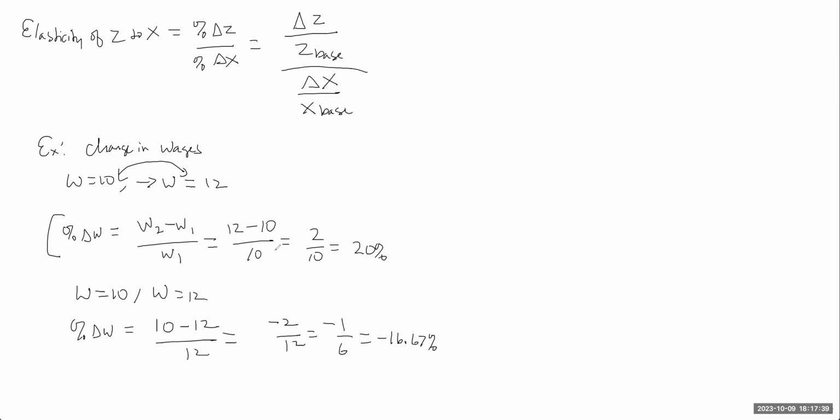So what we are going to use is this right here, the way we did it here. This is called the point method in calculating percent change. What we are going to use, instead of the point method, is the midpoint method. Okay.